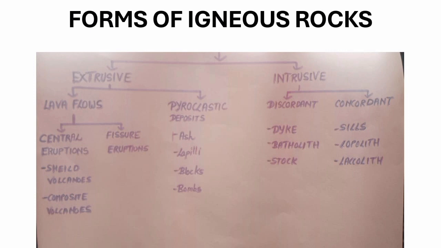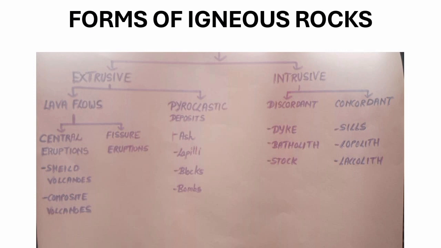On the basis of mode of occurrence, the igneous bodies are divided into extrusive when formed on Earth's surface and intrusive when formed within the Earth. The extrusive form may be a product of cooling of molten lava or solid products ejected from volcanoes, and the intrusive forms are further subdivided into plutonic and hypabyssal on the basis of their depth of occurrence.